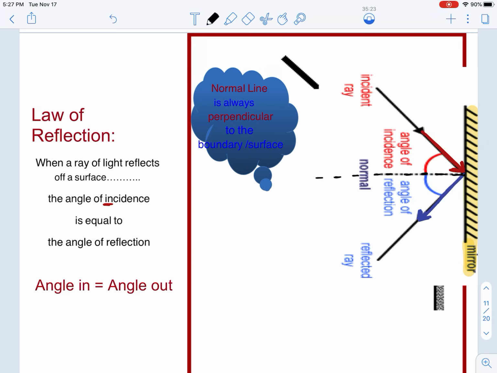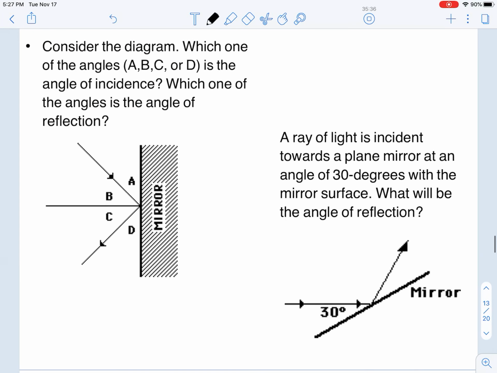So if you look carefully at the picture, the angle is coming so that it goes from the normal line to the beam of light going into the mirror. That is our angle of incidence. And then from the normal line to the beam of light coming out of the mirror, that is the angle of reflection. Those two values will always be the same.